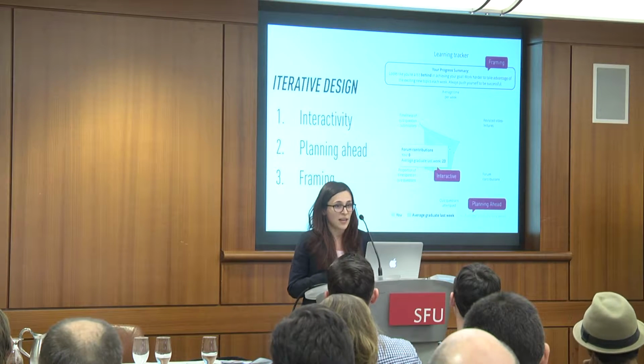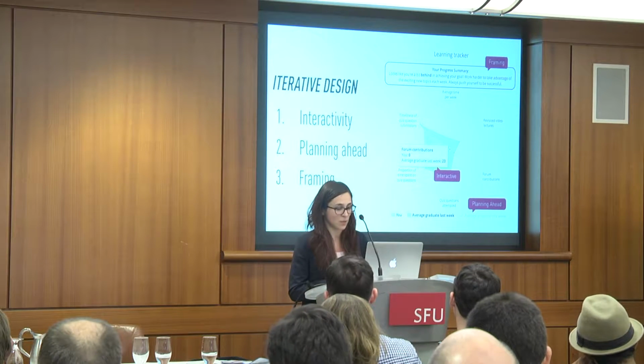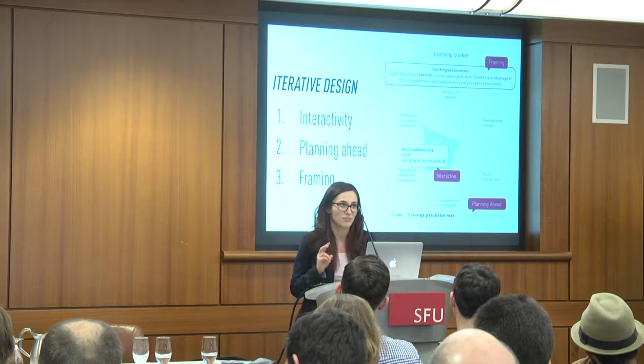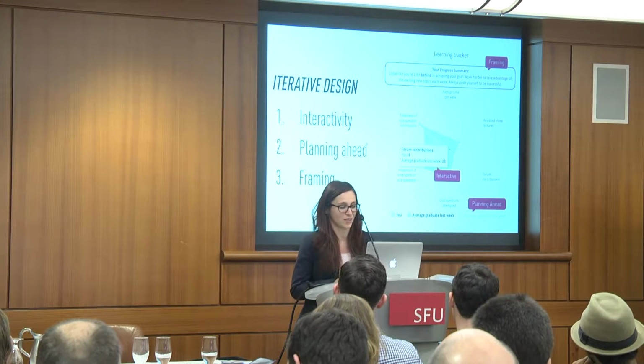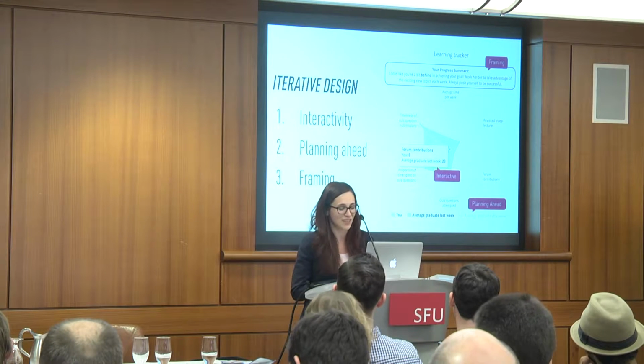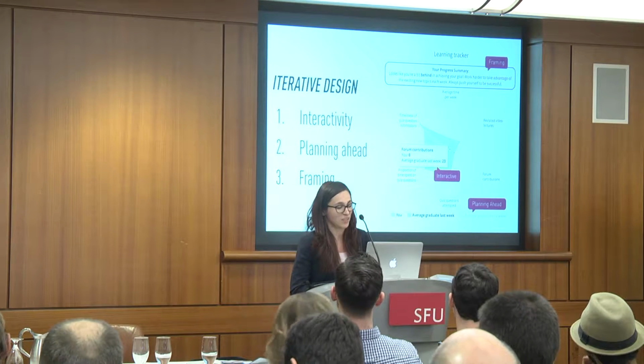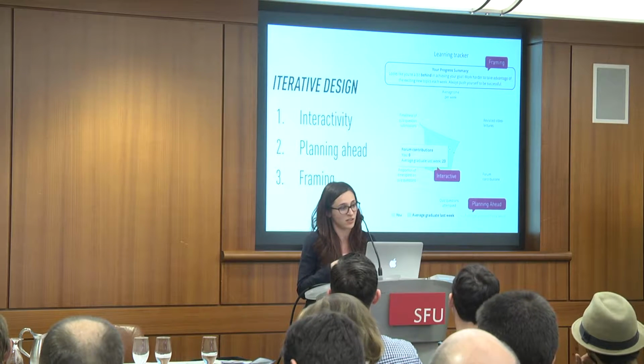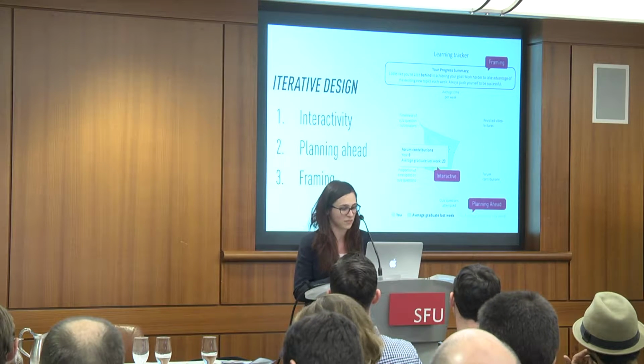Secondly, we added a planning ahead feature, which meant that once learners clicked on the legend, or the metric in the legend, that it's hidden by default, they could see how the behavior of the graduate learners will be at the end of next week.